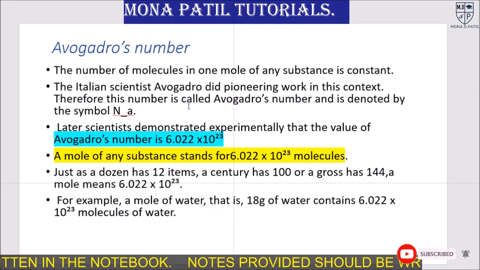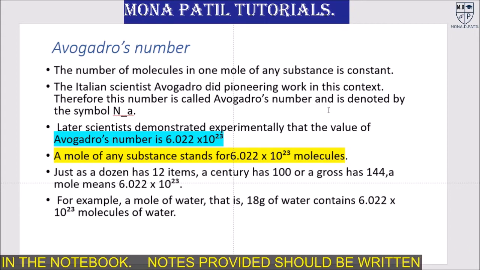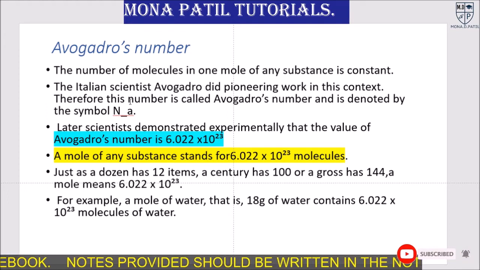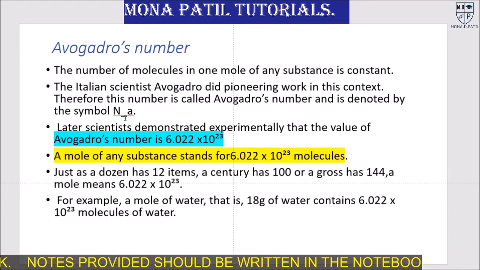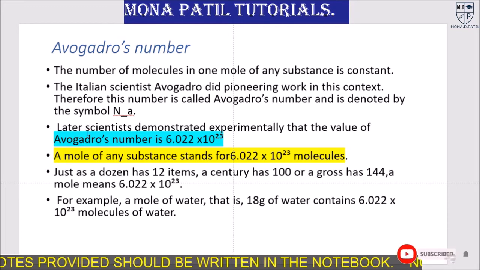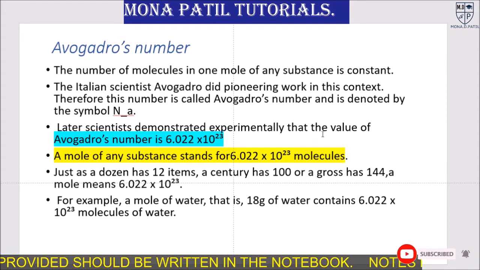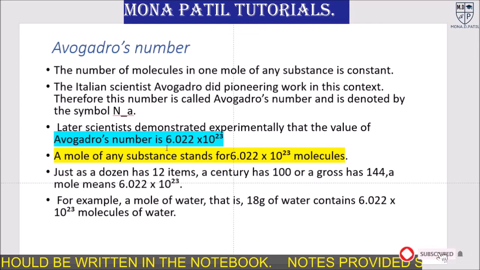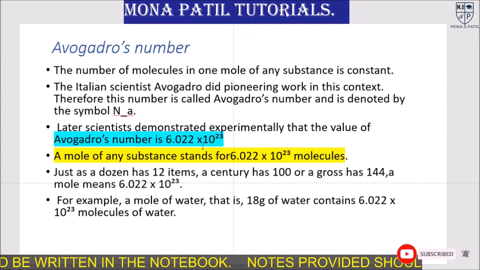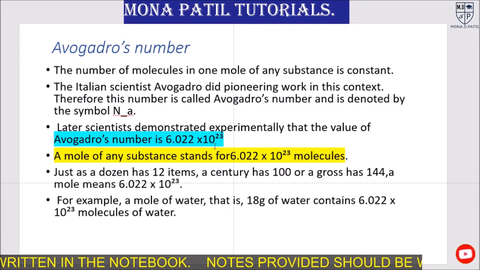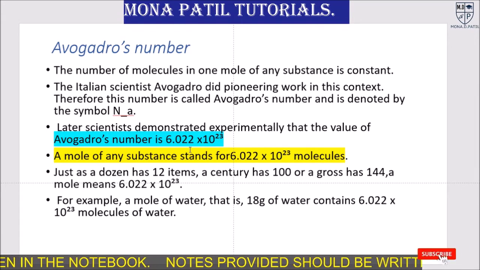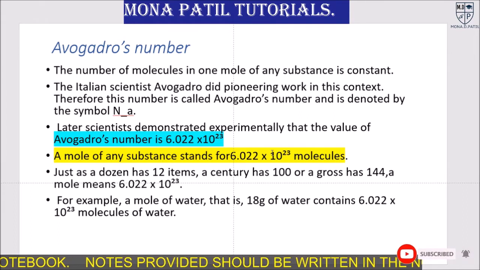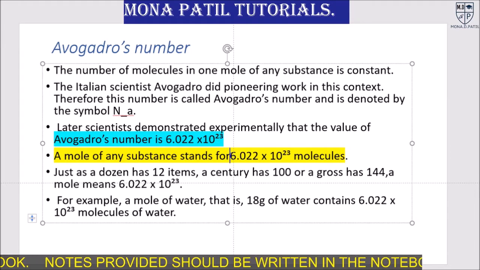Therefore, this number is called Avogadro's number, and it is denoted by the symbol capital N subscript A. Later, scientists demonstrated experimentally that the value of Avogadro's number is 6.022 times 10 raised to 23. This value is constant. A mole of any substance stands for 6.022 times 10 raised to 23 molecules.